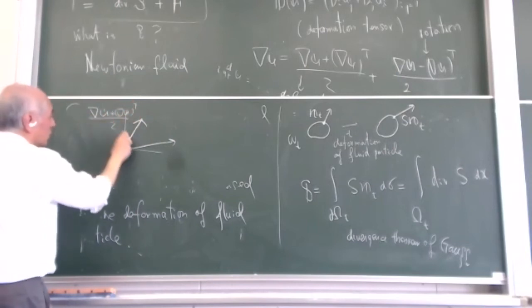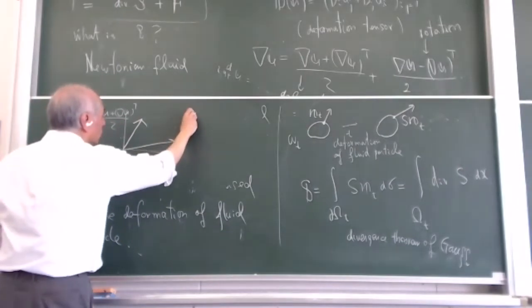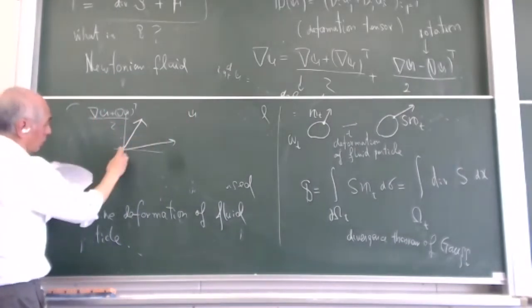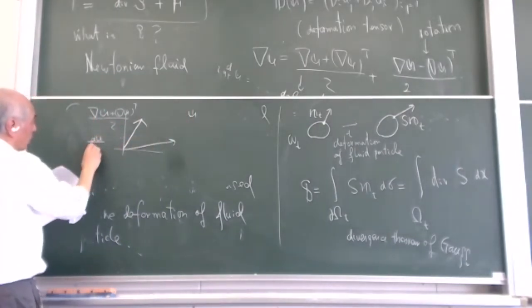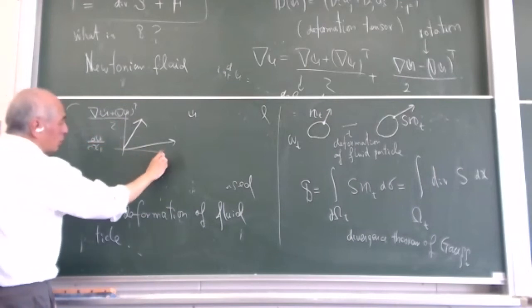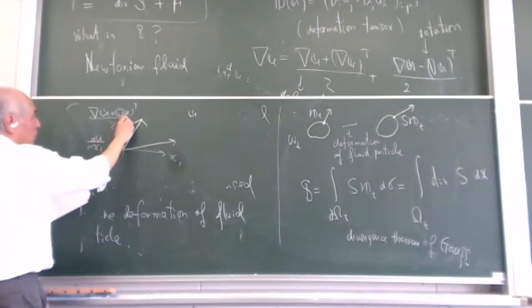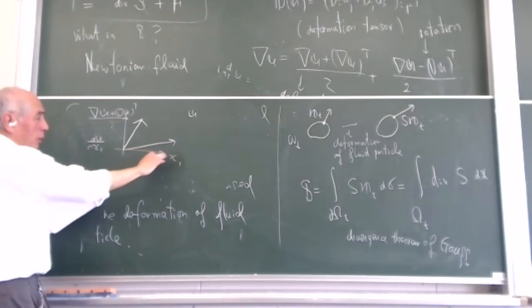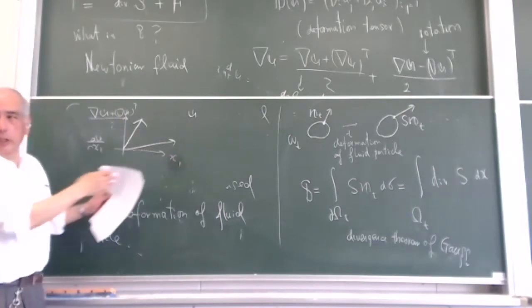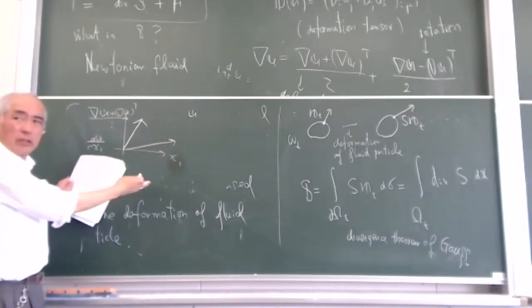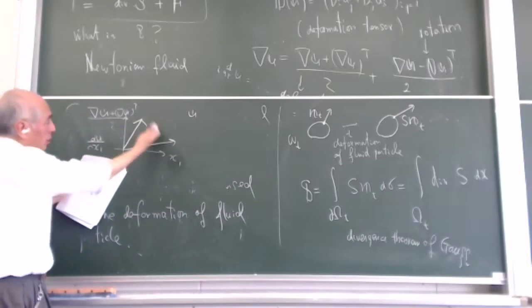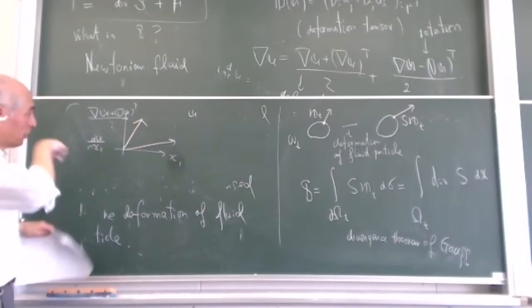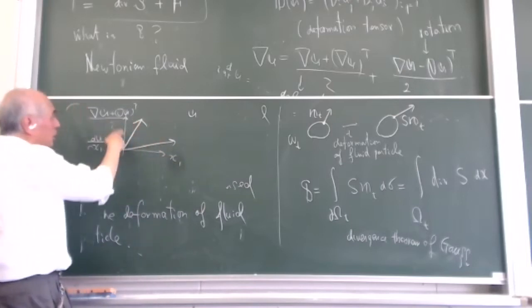So the deformation tensor is, if you have the velocity field u, then the gradient du dx1 in the x1 direction, x2 direction. So you have a deformation of a particle for each coordinate. And so deformation is just symmetric.